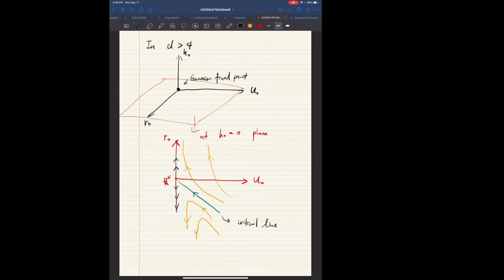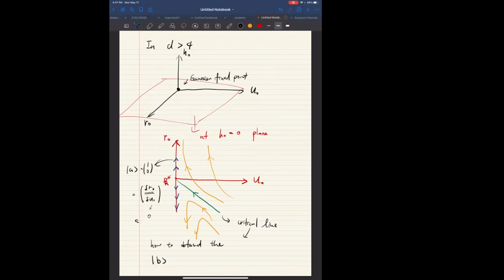Okay. So now how to obtain the critical line, which corresponds to the eigenvector B, right? So this part corresponds to eigenvector A, which is 1, 0. As you know, A corresponds to the delta R0, delta U0 basis. So this keeps growing and this remains 0. So it will go out. Okay.